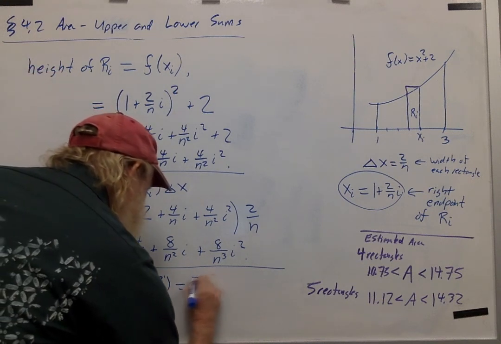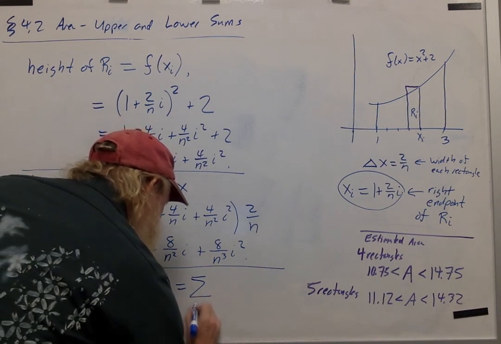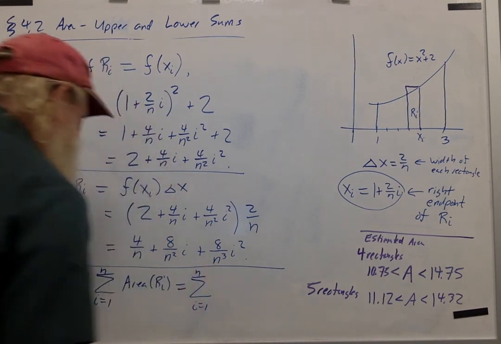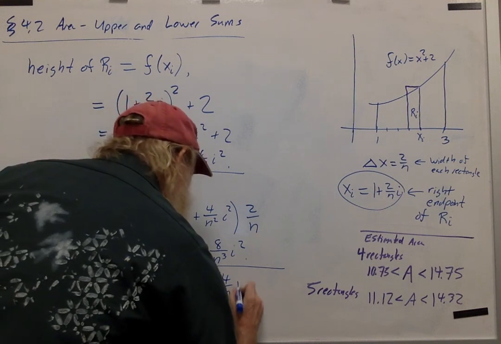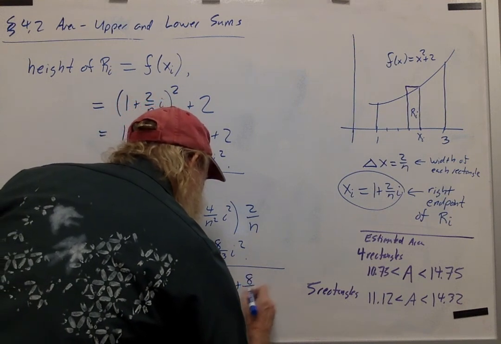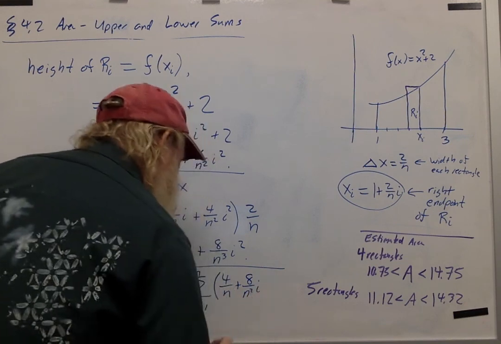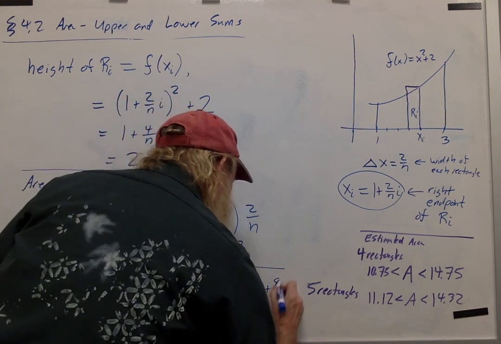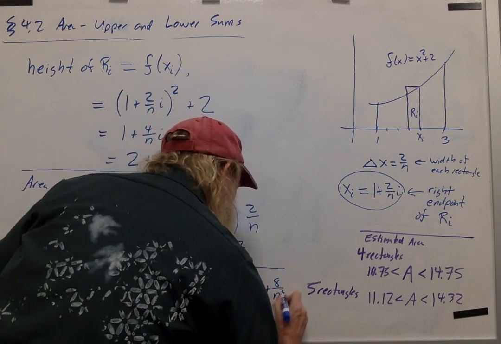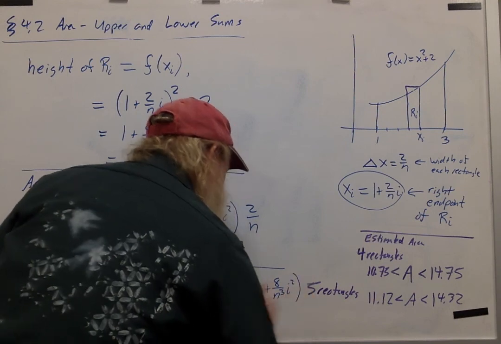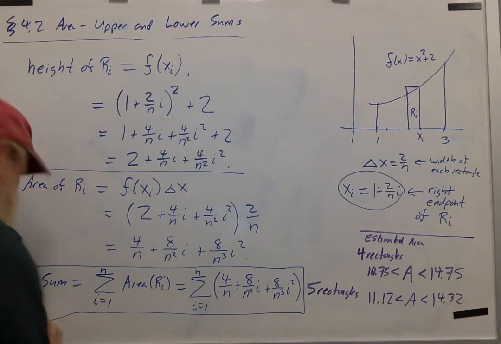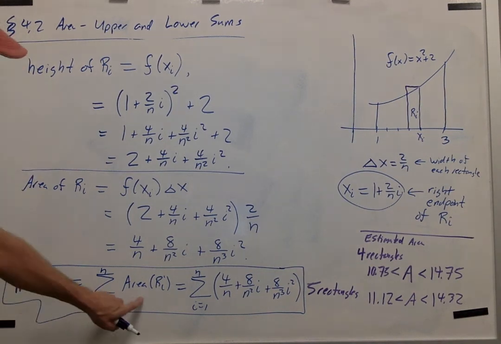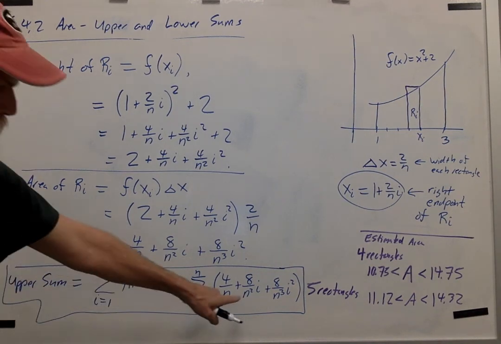And that's going to be the sum, i equals 1 to n, of 4 over n plus 8 over n squared i plus 8 over n cubed i squared. And in our next video, we're going to continue working with that formula.